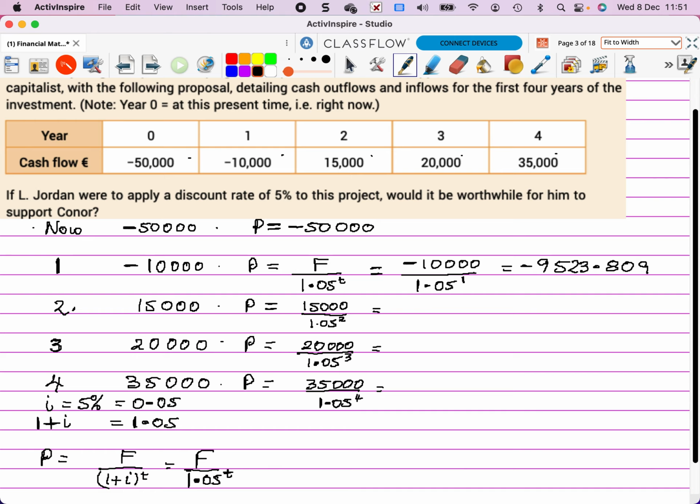Okay, let's do the next one, which is 15,000 over 1.05 to the power of 2. So it's minus 15,000 over 1.05 to the power of 2, and that's going to be equal to minus 13,605.442.